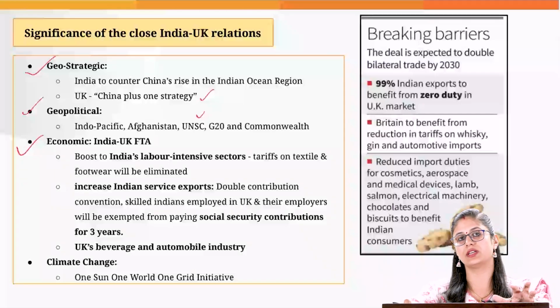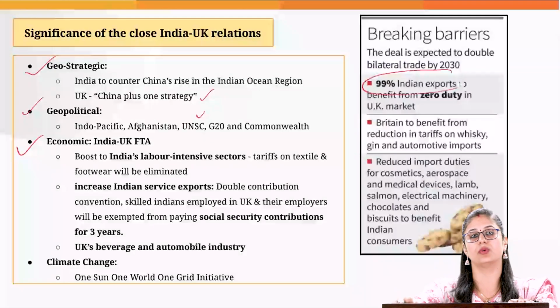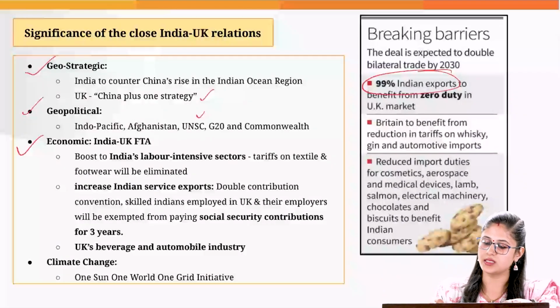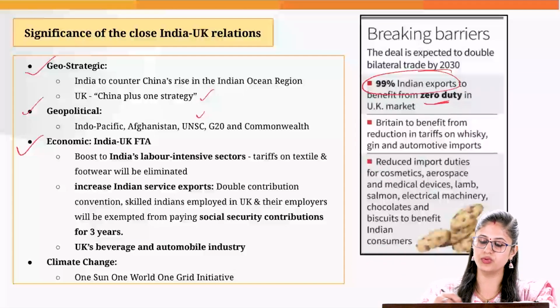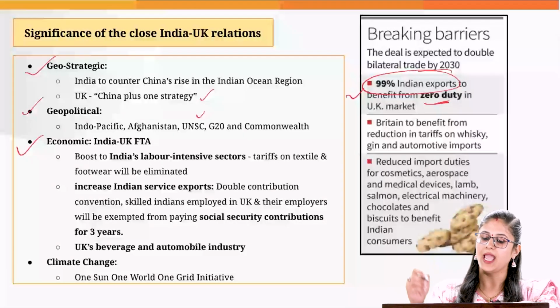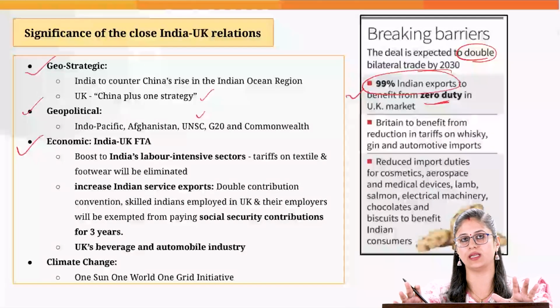This free trade agreement is going to benefit both nations. How? Because 99% of India's exports will now face zero tariff in the UK economy. So it is going to give a boost to trade between the two countries, and this deal is expected to double the bilateral trade by 2030.